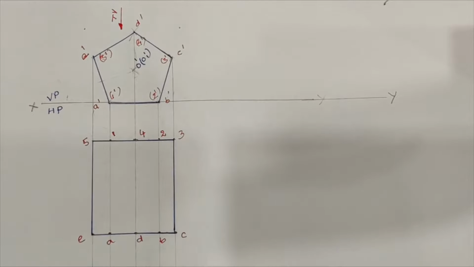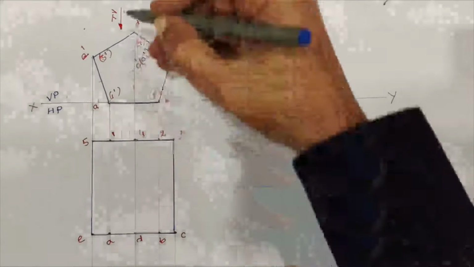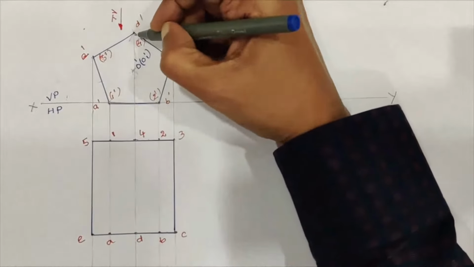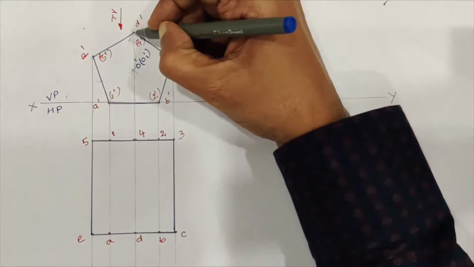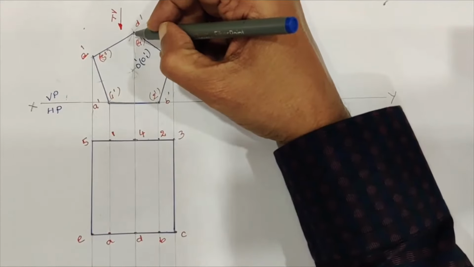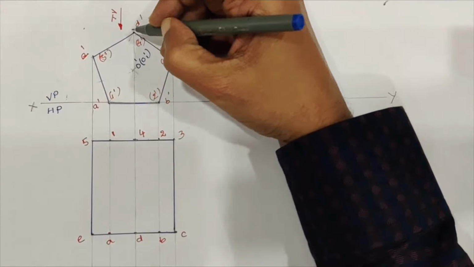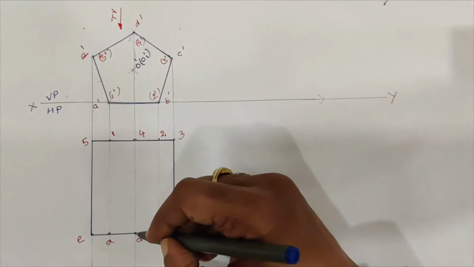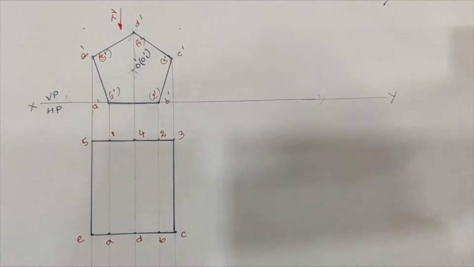Then those corner-containing edges are to be drawn as continuous and dark. For the observer, this corner, say D as well as 4, are nearer to the observer. Then this corner containing all edges is to be drawn as continuous and dark. Here we need to join 4 as well as D points with continuous and dark lines.